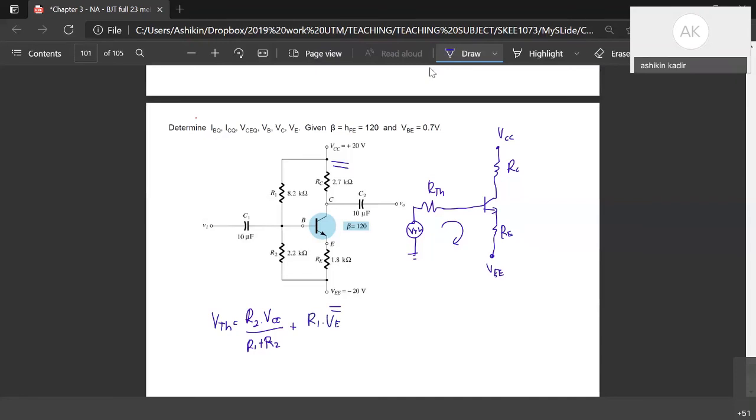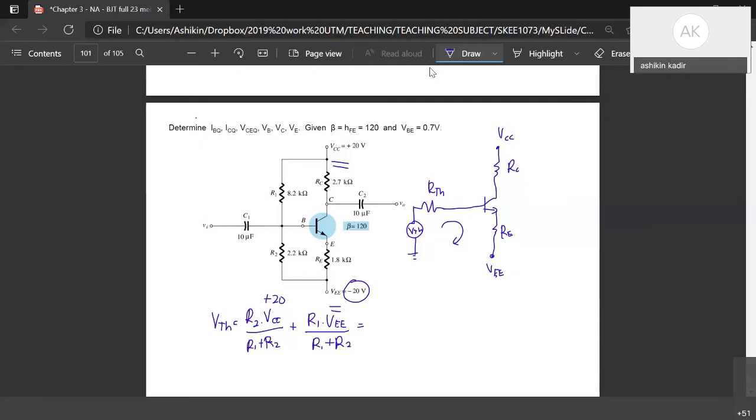R1 multiply with VEE divide with R1 plus R2. Okay, so here VEE, if you want to put the value in the calculator, you just put VEE equals to minus 20. So here, VCC is positive 20, VEE is minus 20.